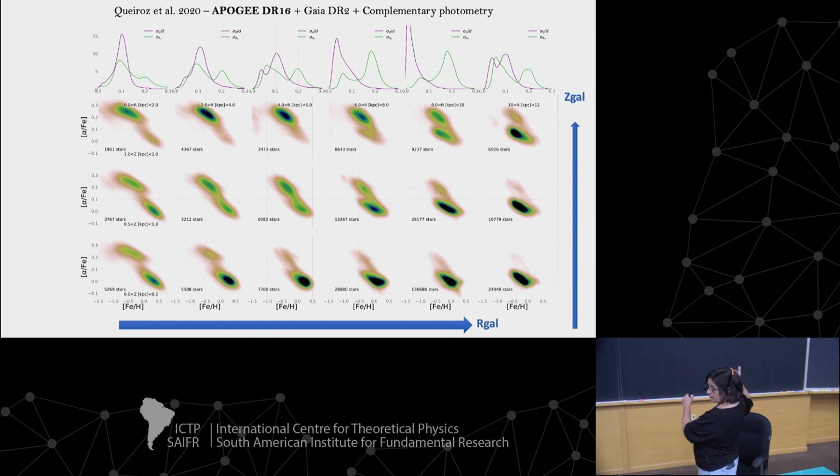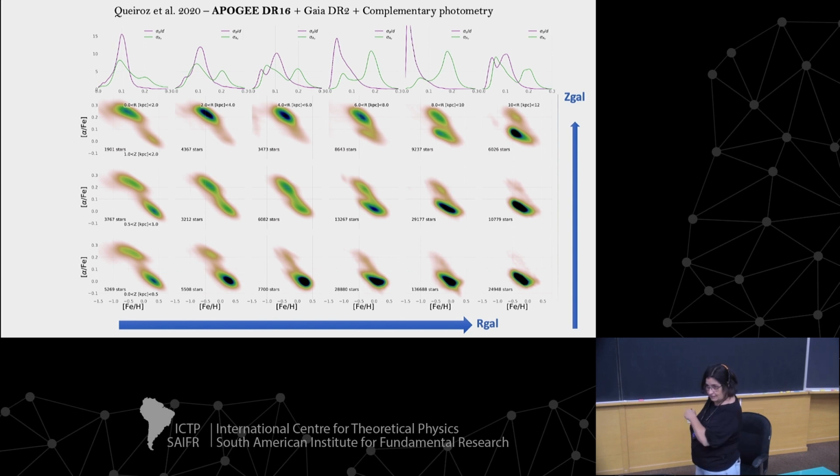So you're leaving the galaxy to the outer part. And here, each line is how far up from the mid-plane you are. You are here very close to the mid-plane, below 0.5 kiloparsec, here between 0.5 and 1 kiloparsec, here between 1 and 2 kiloparsec. And here up is what StarHorse is giving me as precision for the distance and for the extinction, so that I trust what I'm seeing.